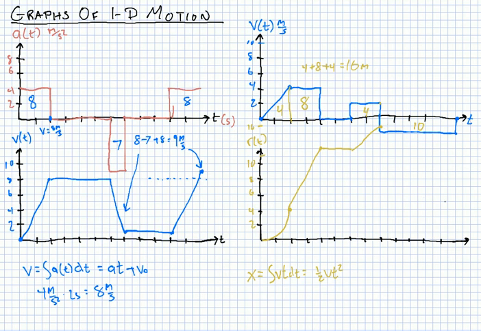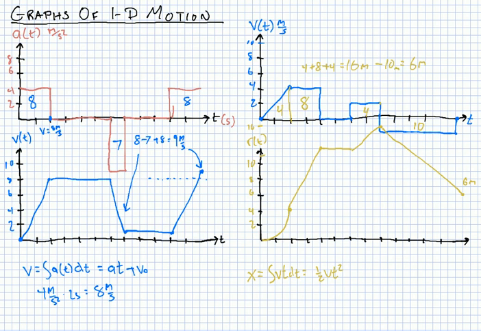So now we should be at the end of this interval. We should be at 6. And again, it's a constant decrease in velocity. So we end up at 6 meters. And so the way you can tell is 4 plus 8 plus 4 is 16, minus 10 is equal to 6 meters. So that's our final position here.